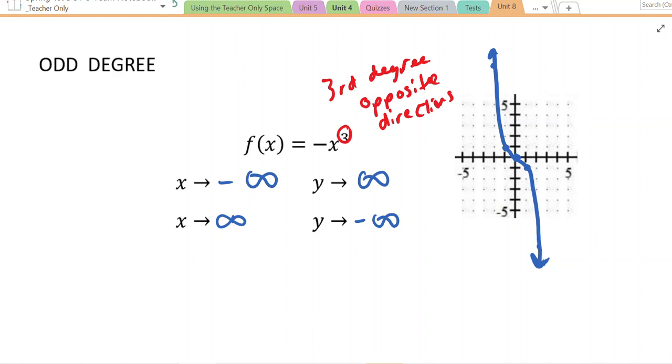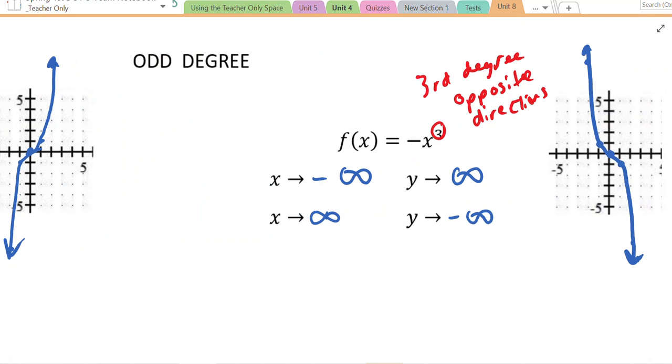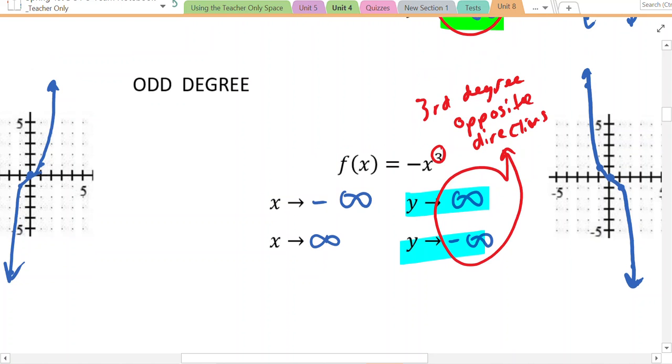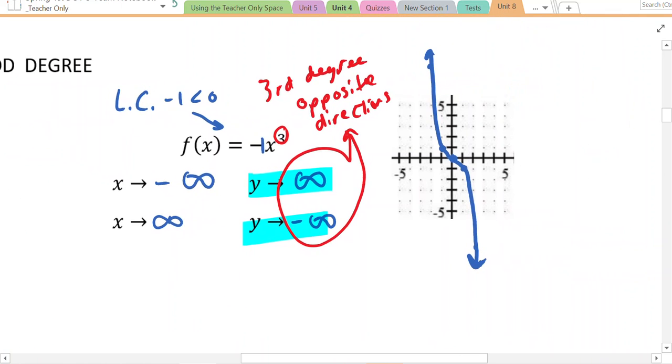And we see these are opposite directions. And our leading coefficient is a -1, which is less than 0, which means my slope, as I read from left to right, is going down. Notice it's going down from left to right.